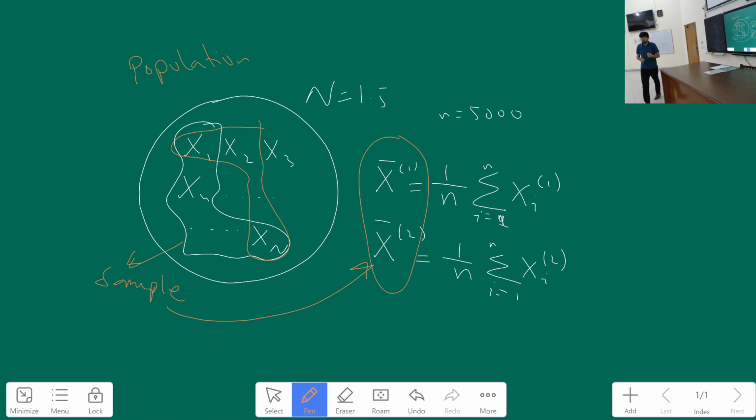My hypothesis could also be that the average height of adults in Swabi is 168 centimeters. So there are so many different claims I could make about a population, and they would be considered different hypotheses. Now, what is the problem with that?